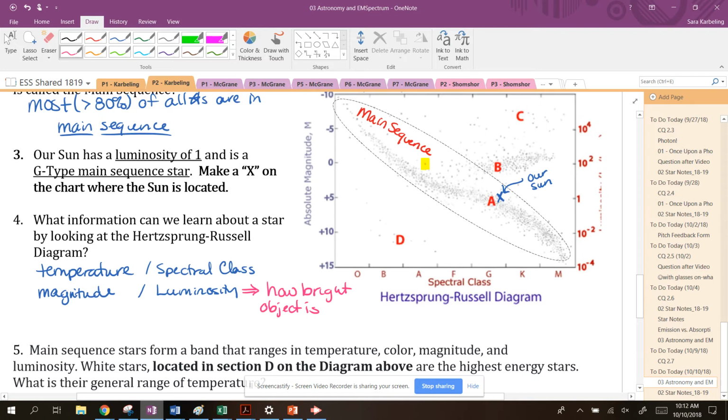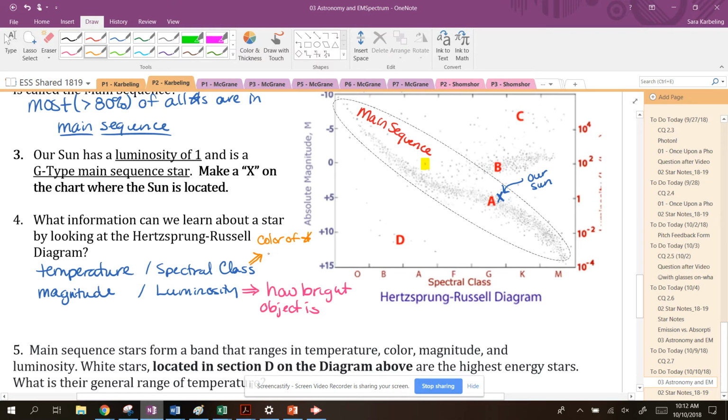So part of that's true, absolutely. Looking to see what elements are there. And how do we find out what elements are there? What do we look at? The light, the spectrum. We look at what's coming from it, right? We look at the color of it. Yeah, to find out the temperature of a star or the spectral class, we're really just looking at the color of the star, okay?